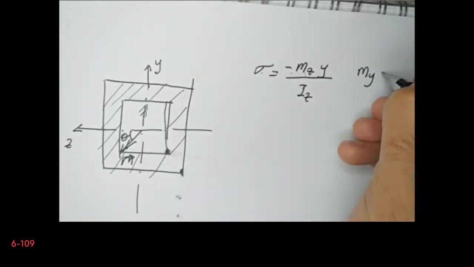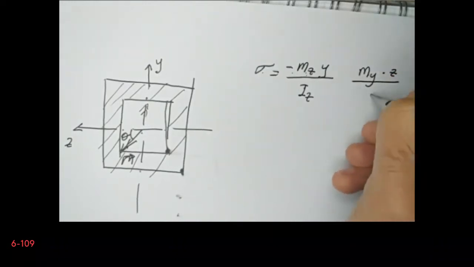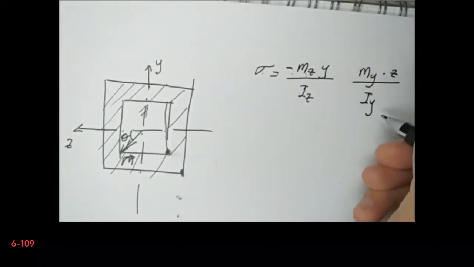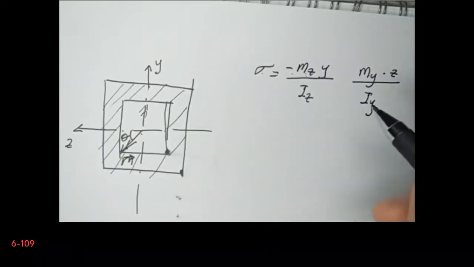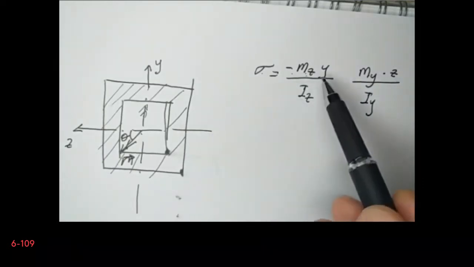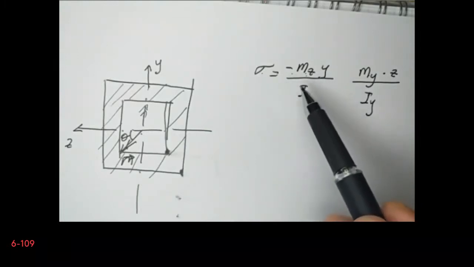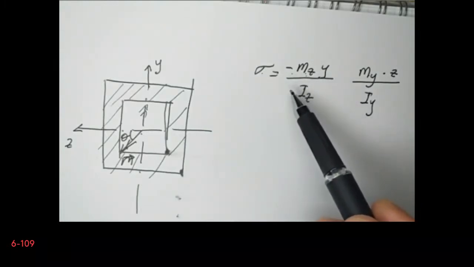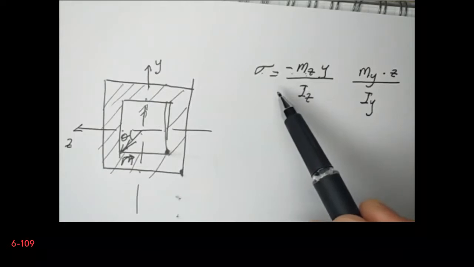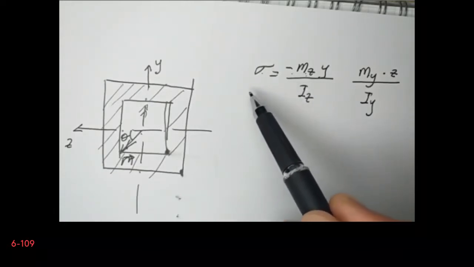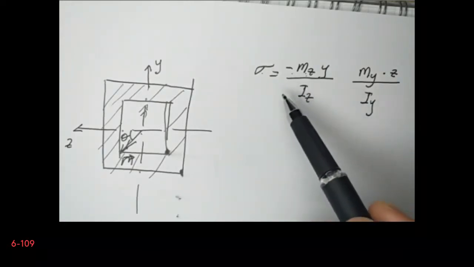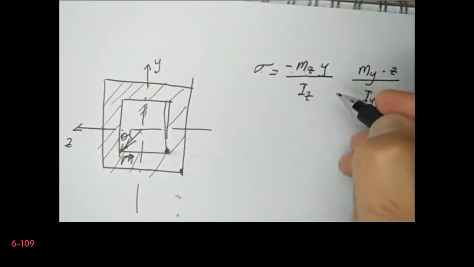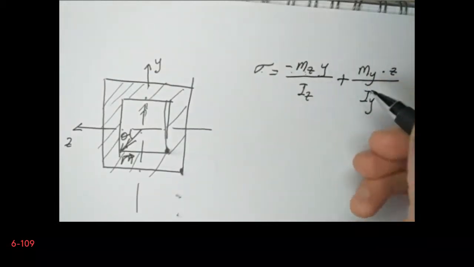So z is negative, divided by the moment of inertia with respect to the y-axis, and since the stress is additive, so we are talking about a linear problem, and we are generating a normal stress along the beam, we have a positive sign here.